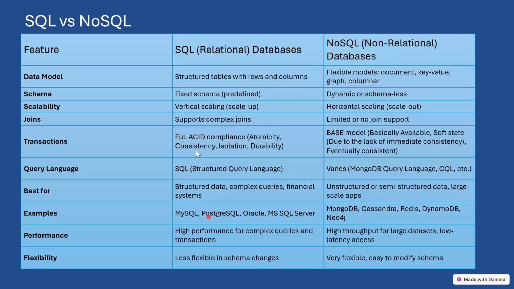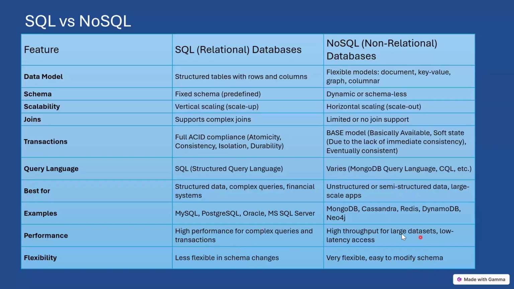Examples like MySQL and Postgres are SQL-based databases, whereas DynamoDB, Cassandra, and MongoDB are NoSQL databases. Performance is good if you are writing complex queries and managing transactions, then SQL is the best choice.